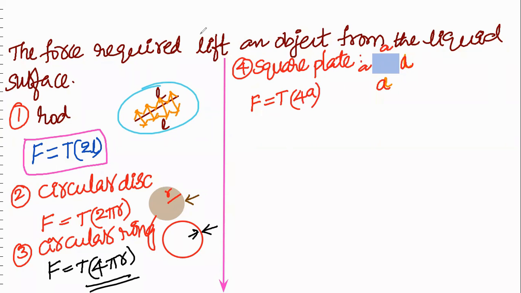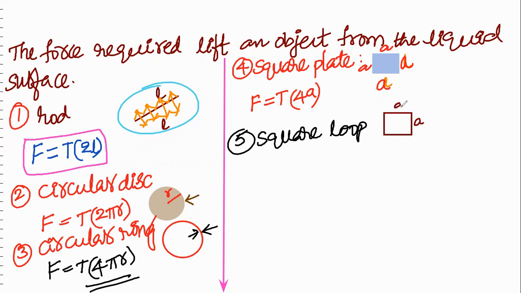Or whenever we take that square loop, to remove that square loop, here outside four sides are available.